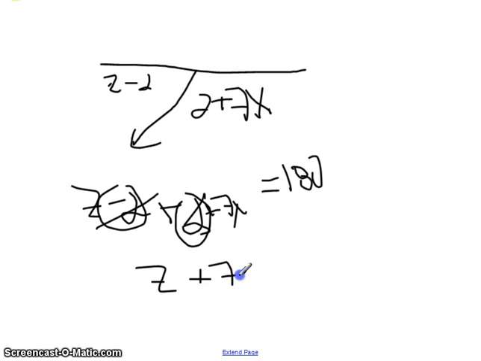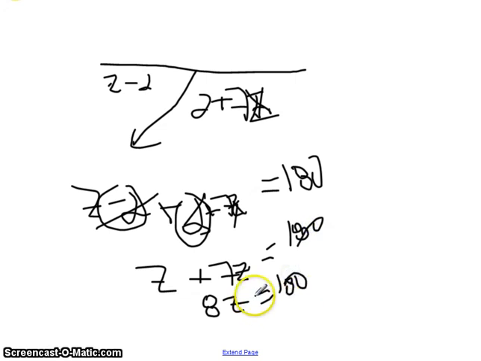That should be a z and not an x, so I'm going to change that back to a z. So 1z plus 7z, I'm going to go ahead and simplify that down to 8z. And we're just going to drop the other side, 180, all the way down to right there. Now we need to divide both sides by 8 for our last step.